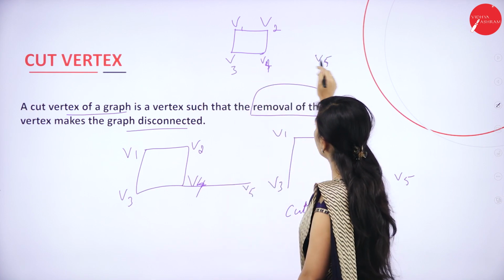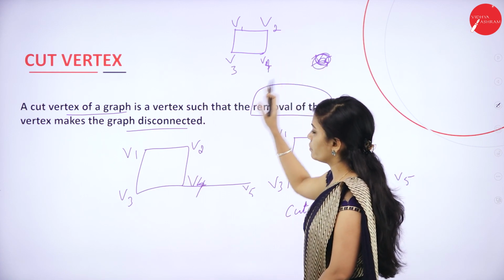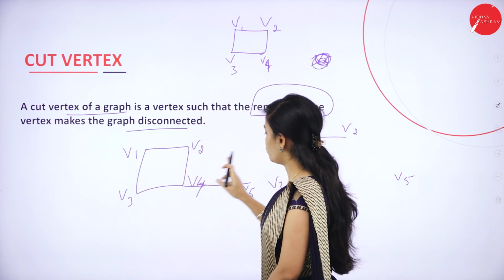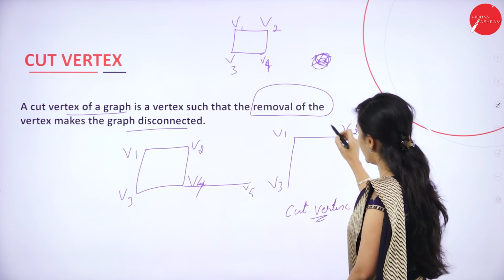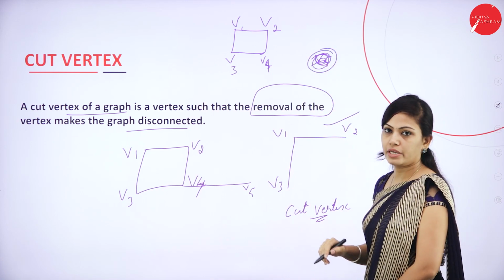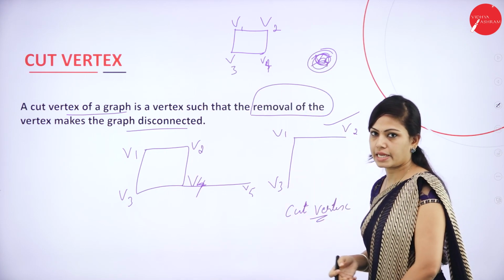If you remove it, it will become a disconnected graph. So here we have V1, V2, V3, V4 and V5. In this example I have removed V4, and here I have removed V5. So this is an example for cut vertex. You can give any other examples.